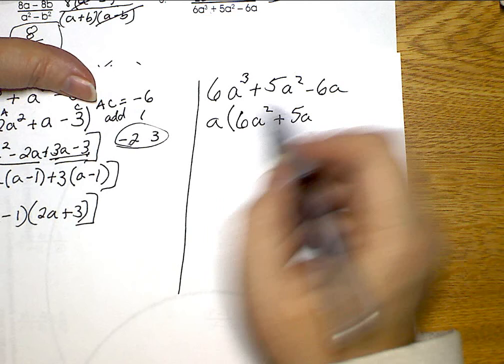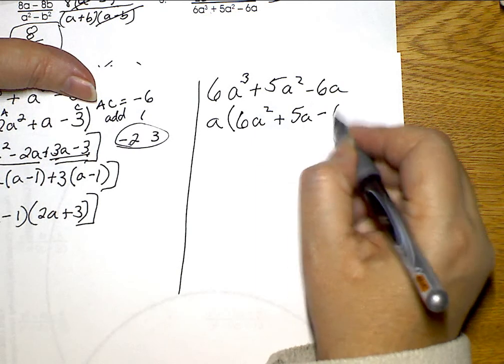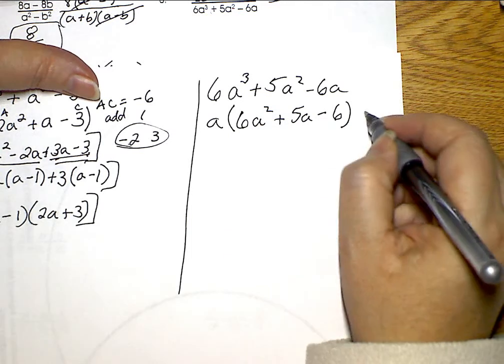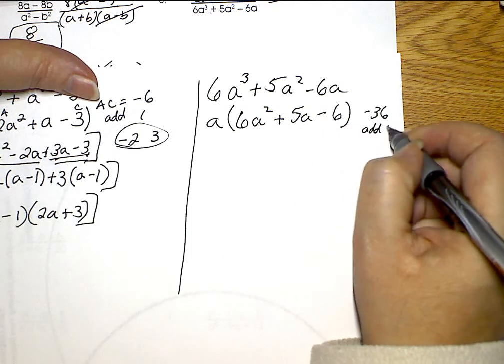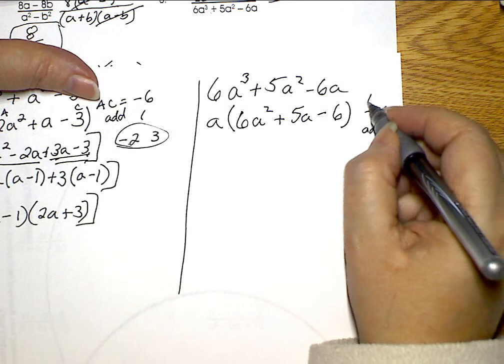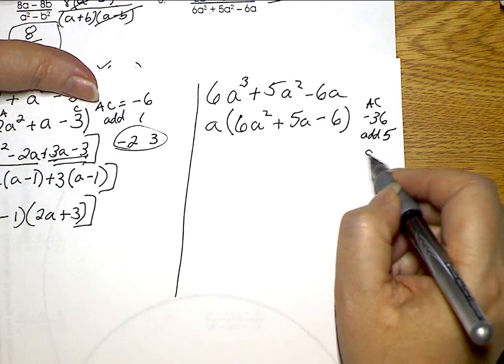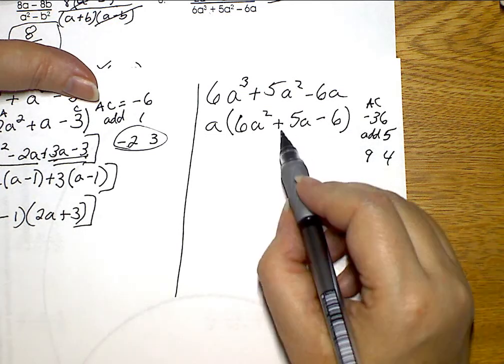And then a times what gives me negative 6a? Negative 6. AC is negative 36, and I want them to add to give me 5. So we got 9 and 4, and we want it to be negative 4, right? Yep.